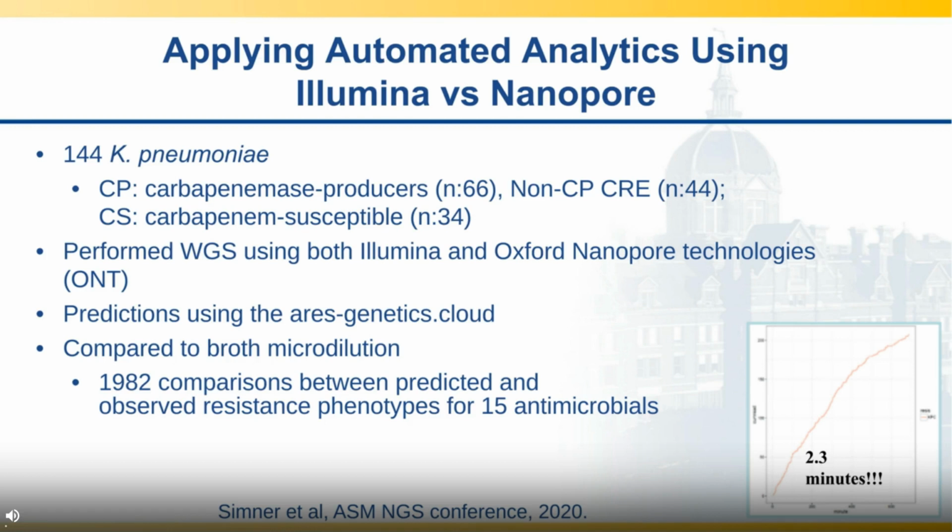So we have both Illumina and Nanopore sequencing results for all of our isolates to help us with genome assembly to define resistance as well as mechanisms of spread, etc. But we use this data here to assess how the pipeline would do with Illumina data on its own and with Nanopore data on its own. And so we used the Ares Genetics Cloud pipeline, compared to broth microdilution, and created 1,982 comparisons between the predicted and observed resistance phenotypes for 19 antimicrobials.